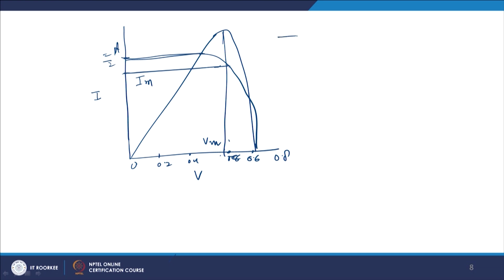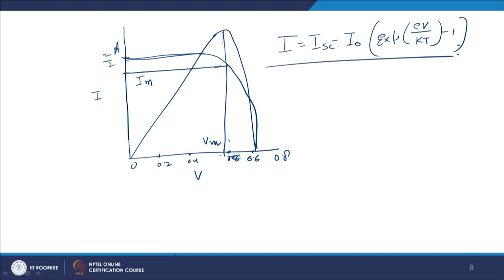So, there is a relation. I, the current, is equal to ISC, the short circuit current, minus IO times exponential of eV over kT minus 1. This is the equation.